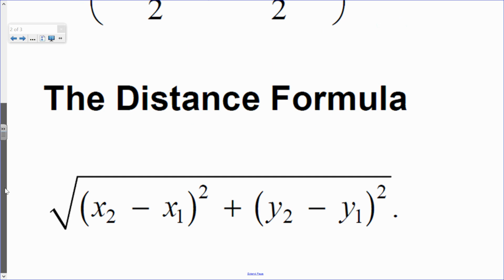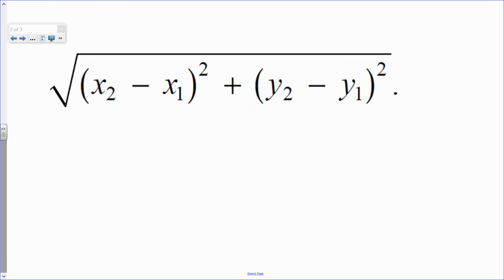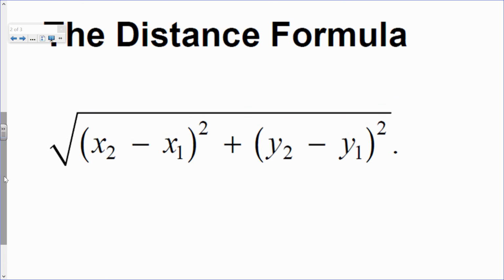Go ahead and write the distance formula on your warm-up: the square root of x sub 2 minus x sub 1 squared plus y sub 2 minus y sub 1 squared. It's a nasty formula, but it's pretty easy to use, as Cheng remembers from yesterday.